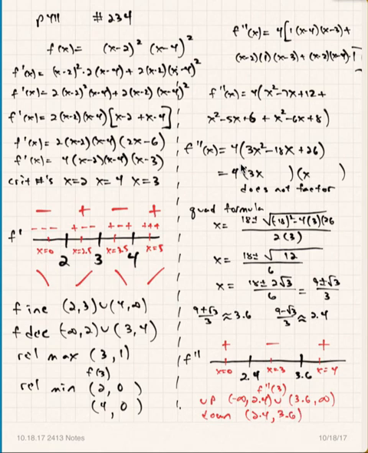All right, and then points of inflection. I'm going to let you find the points of inflection, but you're going to get them by substituting 2.4 and 3.6 into the original function and getting the y values there. And so I'll let you go ahead and find those values on your own.